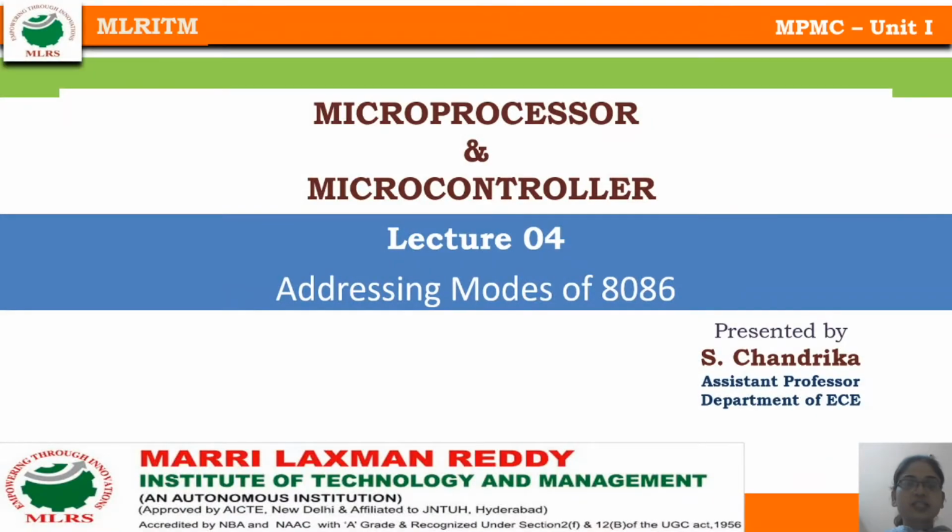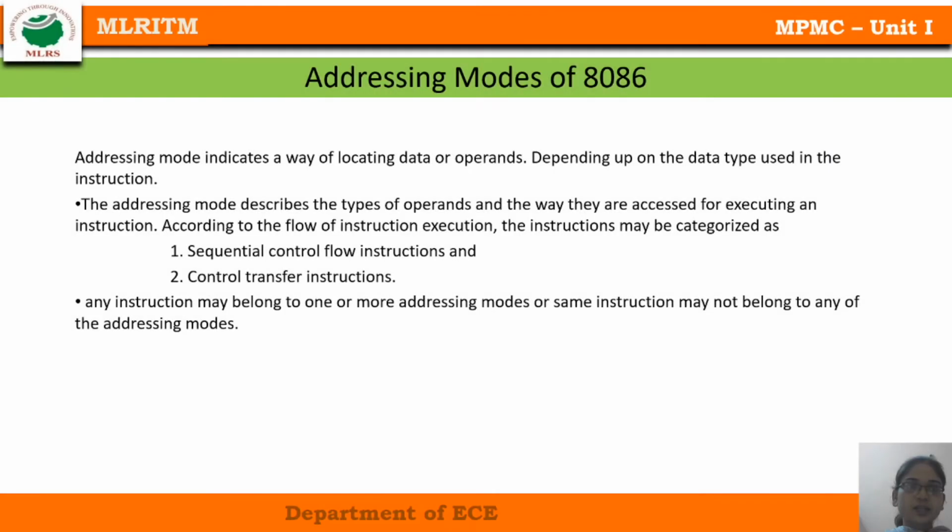Today my topic is addressing modes of 8086. The 8086 addressing modes depend on the instruction. An instruction has two parts: one is the opcode and another is the operand. So the addressing mode indicates the way of locating data or operand depending on the data type used in the instruction.